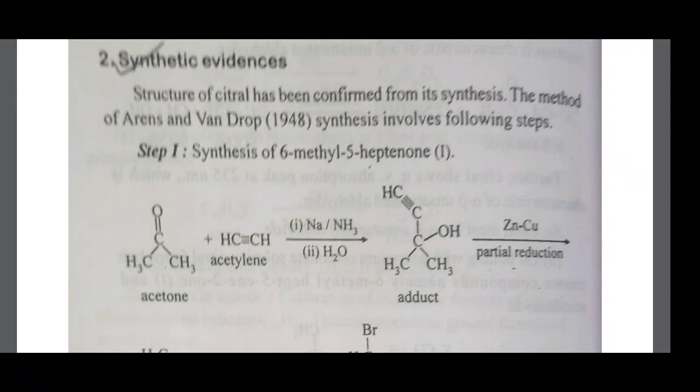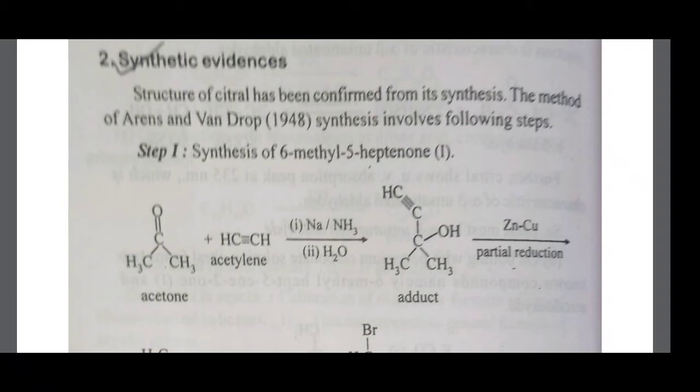Then this addition product undergoes partial reduction in presence of zinc copper. Here CH triple bond C undergoes reduction and is converted to CH2 double bond C. Reduction is nothing but addition of hydrogen. Therefore the CH triple bond group is converted to CH2 double bond C, while COH CH3 remains as it is.